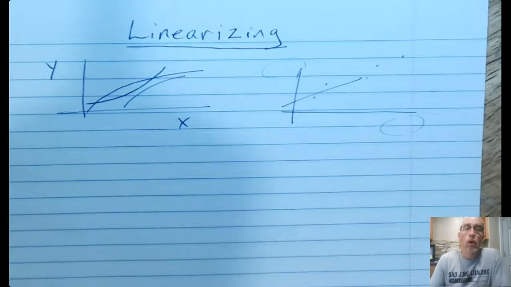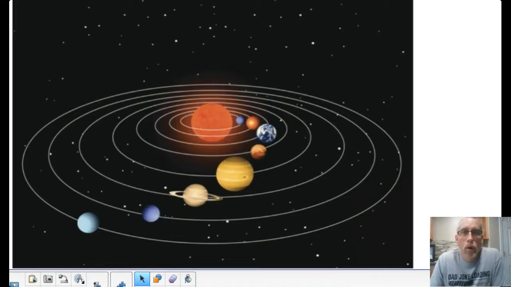So let me show you an example that we did back in the mechanics semester in one of our little virtual labs, and I'm going to do it using both approaches, and you can see which one you like. As part of the gravitation unit, when we studied orbits, I had you do this virtual lab where you looked up the periods of the different planets around the sun, and you plotted that against the orbital radius that each one has.